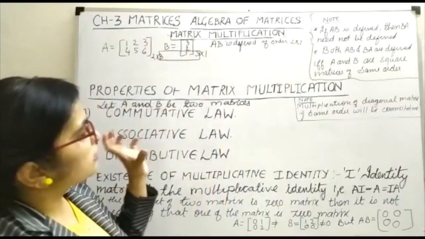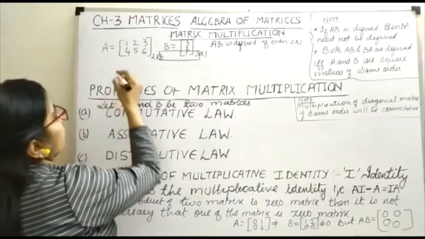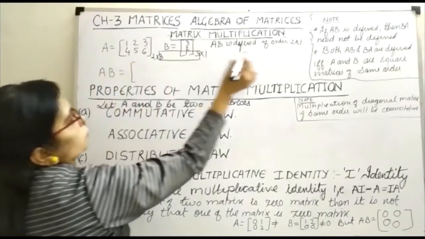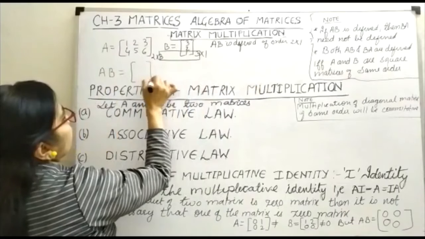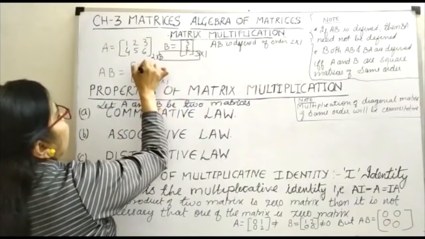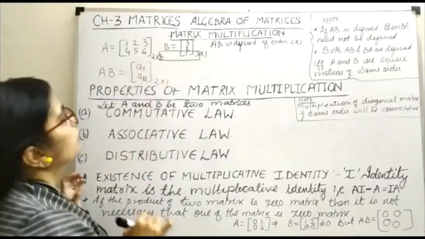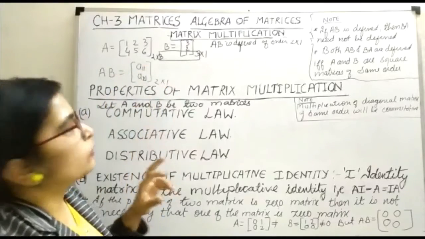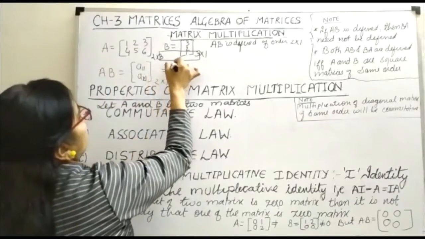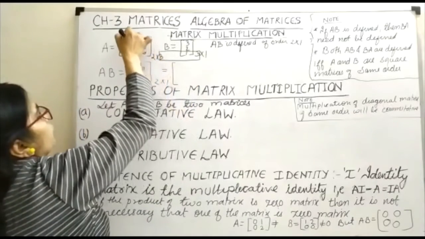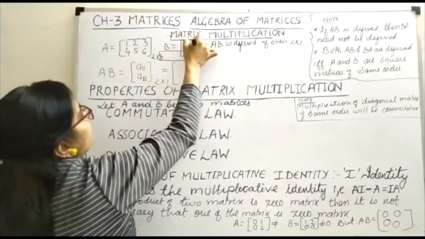Okay. Now just write the general format of AB. AB is of order 2 into 1, so we will have a11 and a21. Now with this format we are going to multiply. See, this is a11, which means first row and first column.